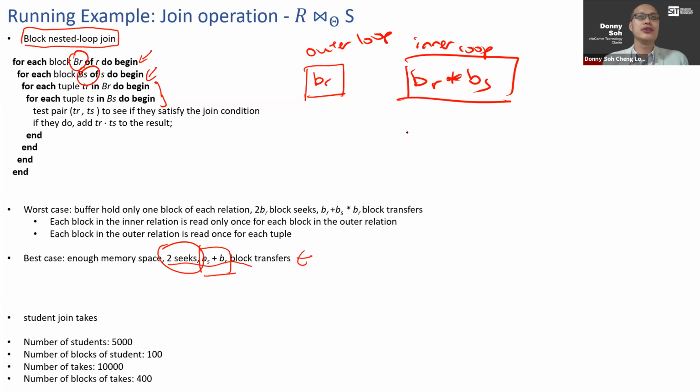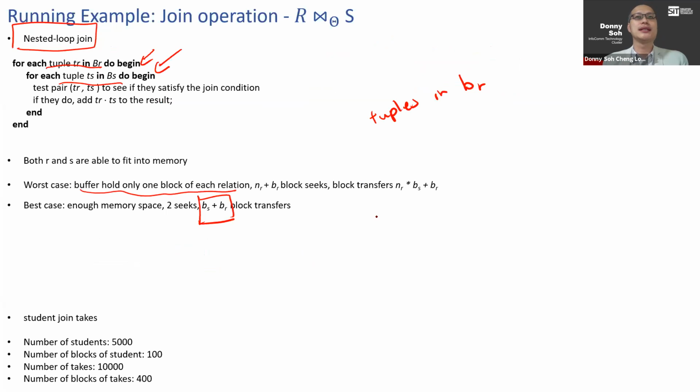Contrast this with my earlier one, which is N. In the earlier scenario, for every single tuple we need to load my block 1 time.